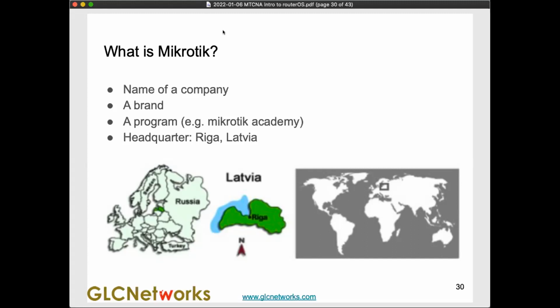But now they have combined it into one website, which I think is very convenient for us. So MikroTik is the name of a company, a brand, and their headquarters is in Riga, Latvia.